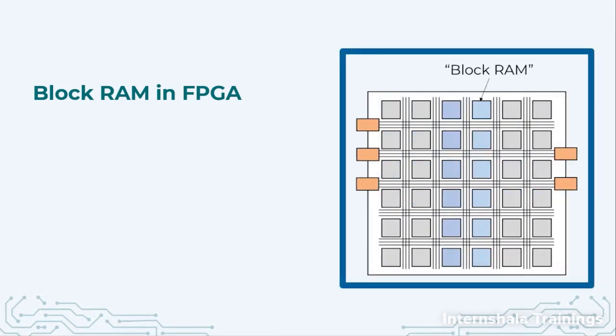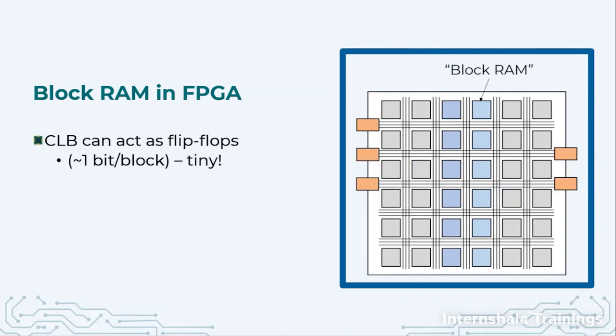The next type of elements that are available inside the FPGA are the RAM. That means the memory elements. So they are also arranged in a very similar fashion. So here we use the flip-flops. The CLB can act as a flip-flop as well.